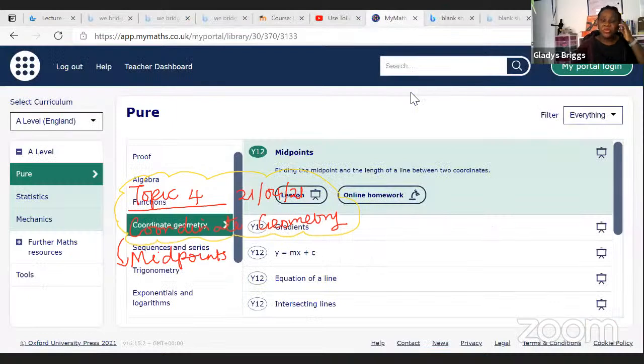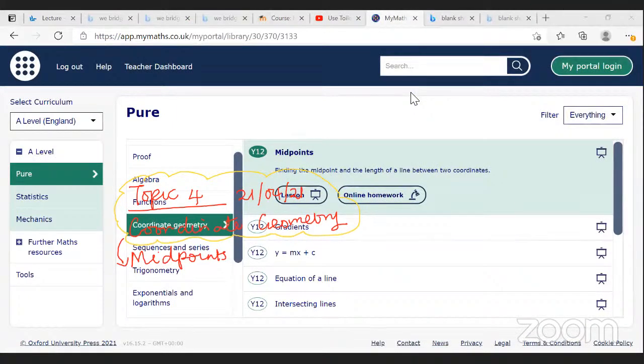Am I still sharing with you? Can you see? Yes. Okay.